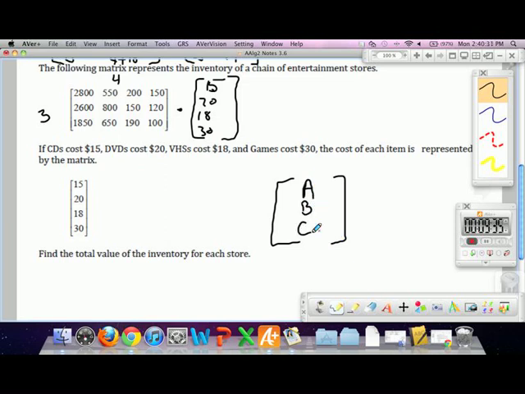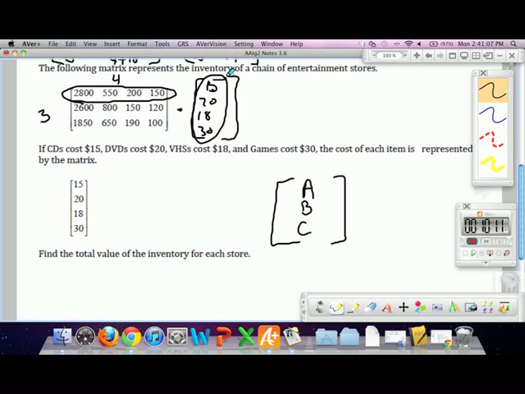Add those 4 up. So I could multiply row 1 by column 1, and that'll tell us what the value of A is. Work your way left to right and top to bottom. So 2800 by 15, 550 by 20, 200 by 18, 150 by 30. Add them together, and you get the first element in our 3 by 1 matrix.